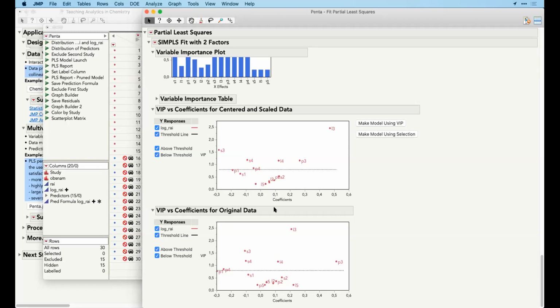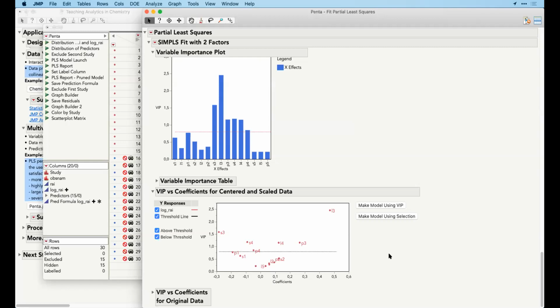And here we see both dimensions. So we see the coefficients, and we also see the VIP. So everything above this dotted line is interesting, is important for the projection, and everything with a significant coefficient is important for the modeling, for the prediction.